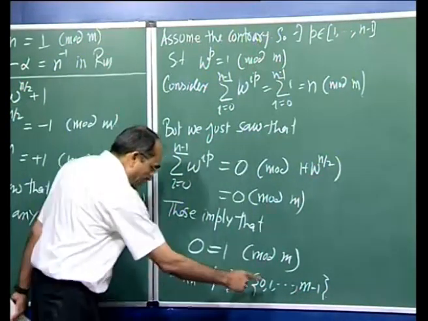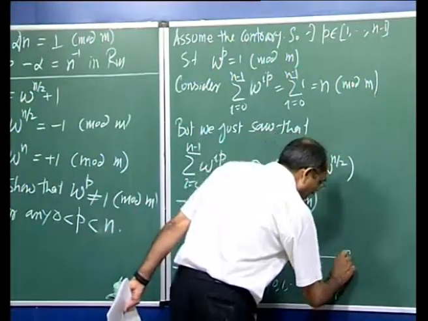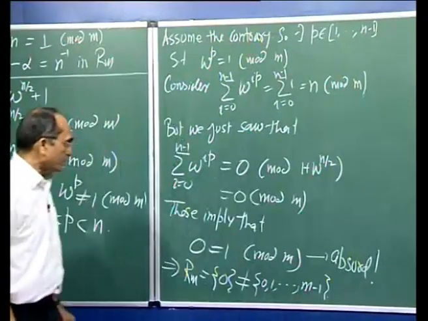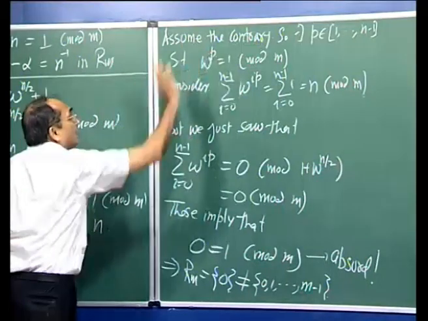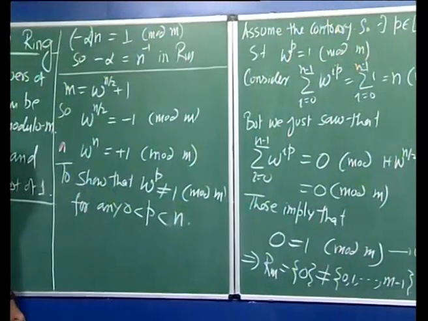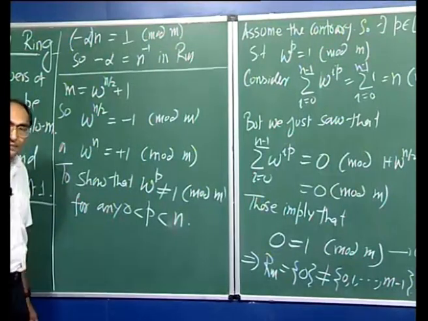Hence, in this ring 0 and 1 cannot be equal. So, this was absurd. Hence, this assumption is not correct. Indeed, w power p is not 1 for any exponent before n.